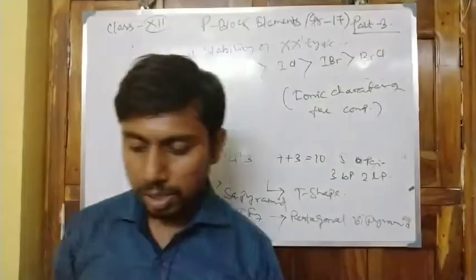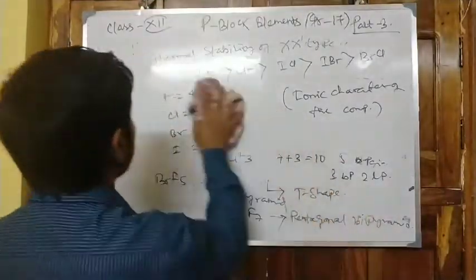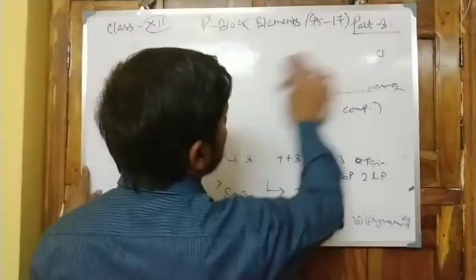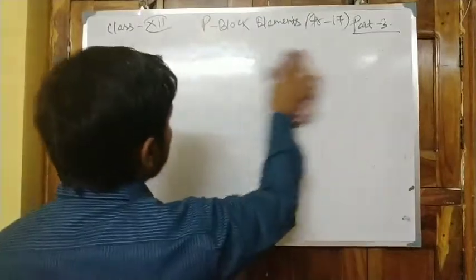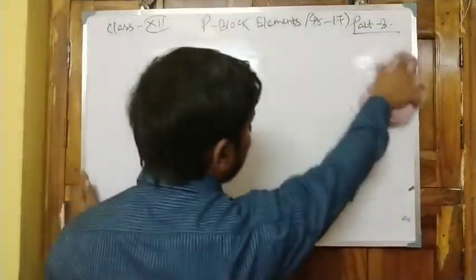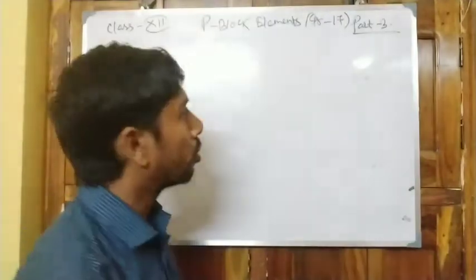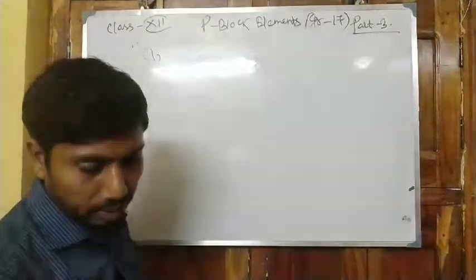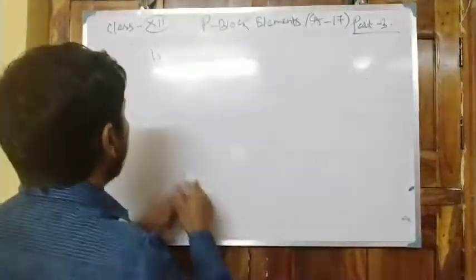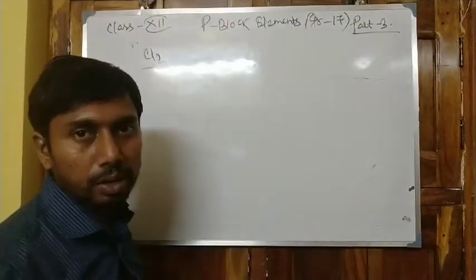Next are some important compounds of group 17 elements. We have to discuss chlorine, that is chlorine gas, and the HCl molecule. Now chlorine is a greenish yellow gas, Cl2, and it is produced in different ways.